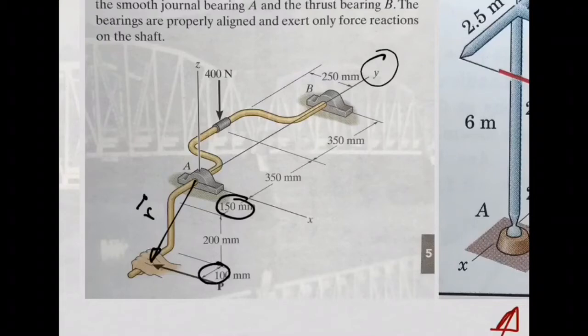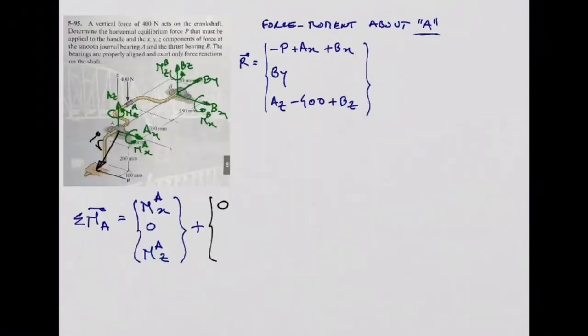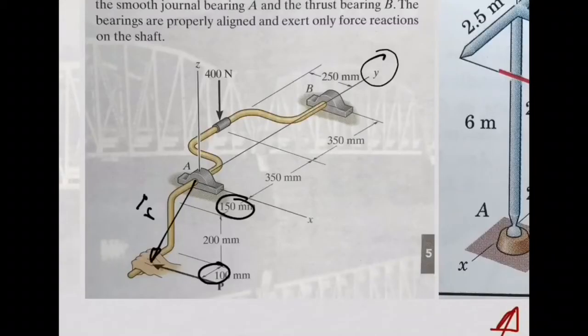Minus 150 or 250? 250, yes, very good. Minus 250. Everybody understand why it's minus? Because the y component is opposite to the positive y-axis. What about the z direction? If you start from A and walk in the z direction, you have minus 200, negative. Yes, very good.